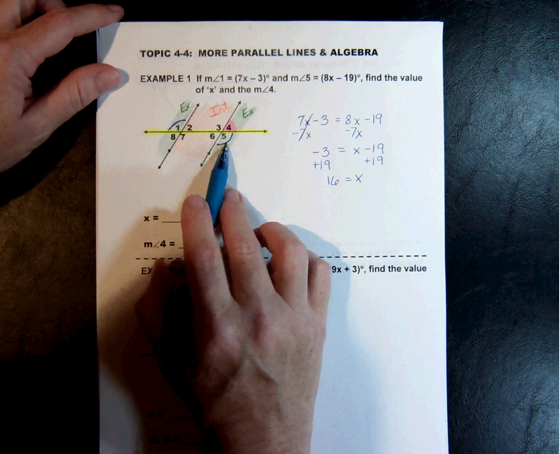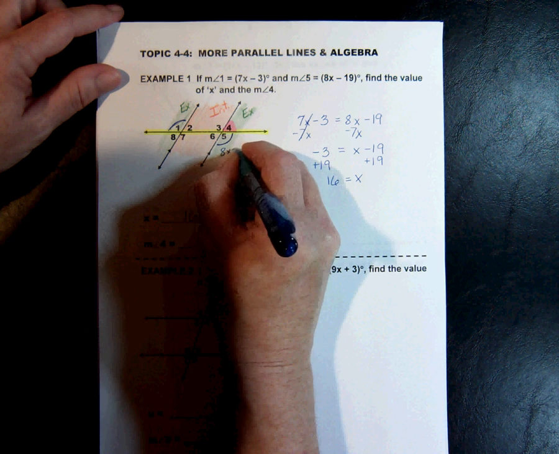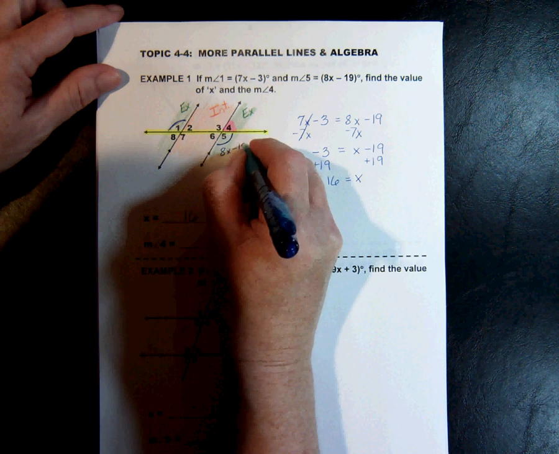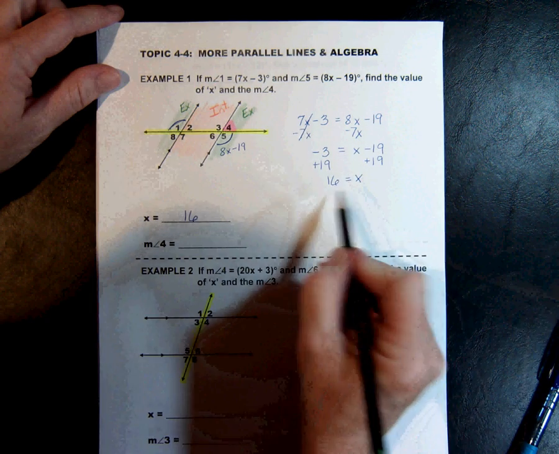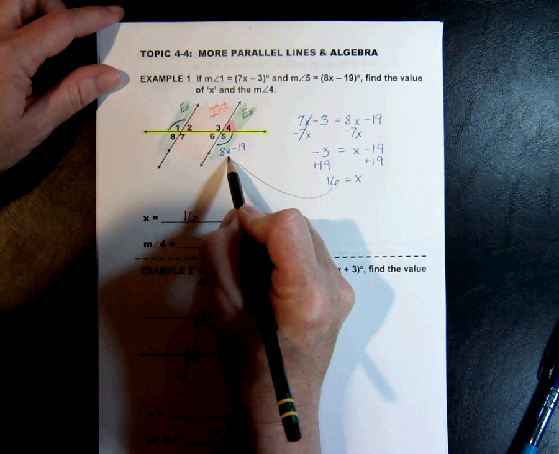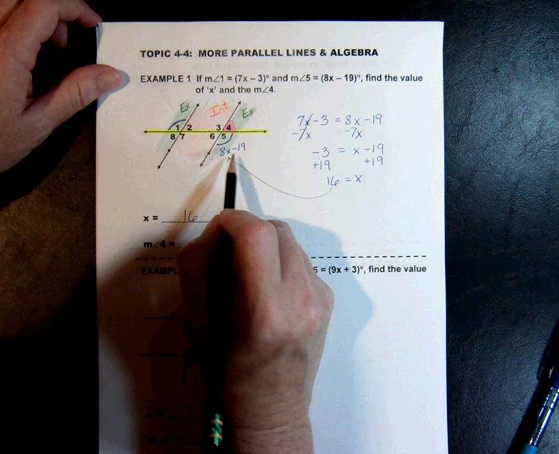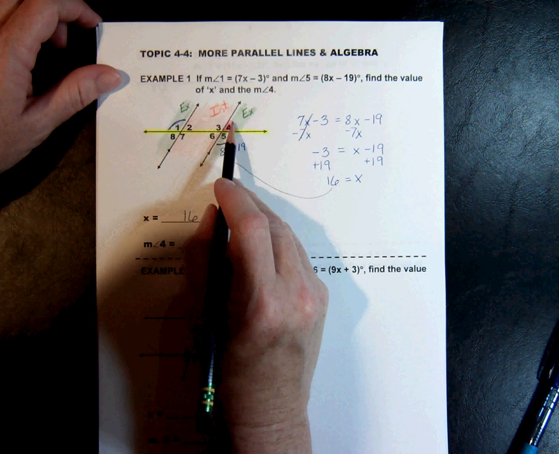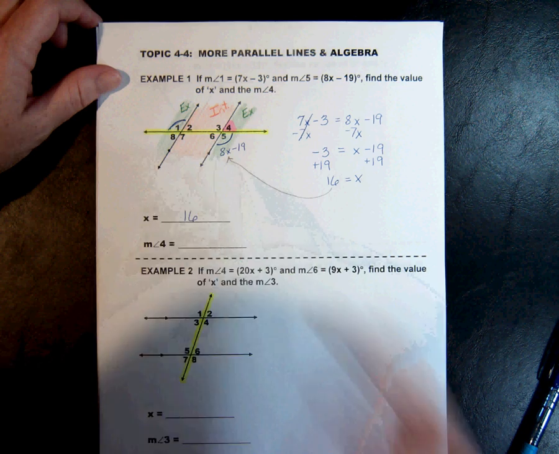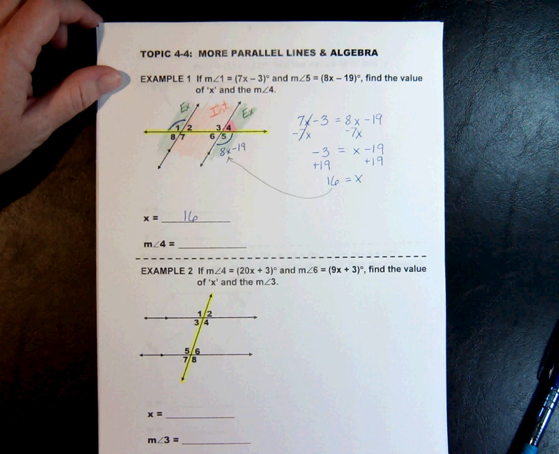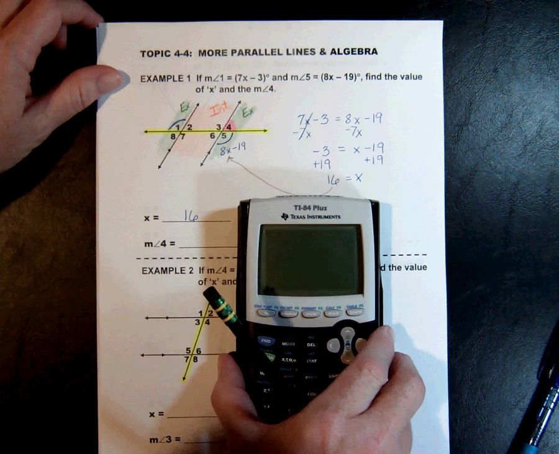Sometimes it's good to label where that angle measurement is, the measure of angle 5. You want to then take your 16 and plug it back in. And you're going to have to find out what the measure of angle 5 is, and then we can say that this forms a linear pair. So let's just do this in our calculator. I haven't used a calculator yet, instead of writing it out.